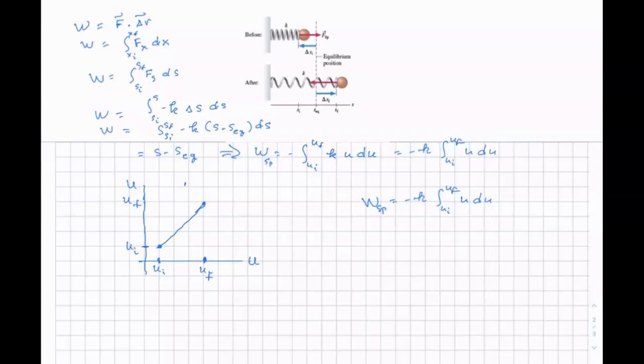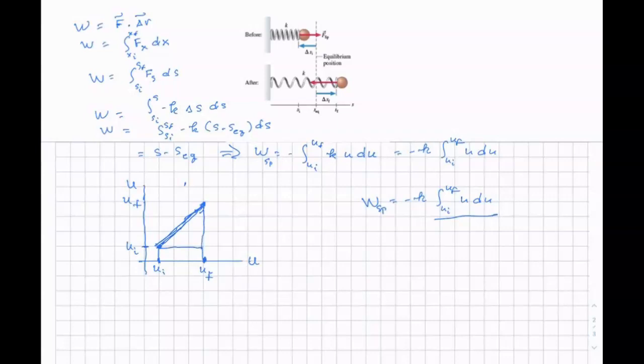Recall that what we want to do is perform the integration of u as a function of u, du. In order to do it, we need to find the area underneath this straight line. That area is the area of this rectangle plus the area of this triangle.